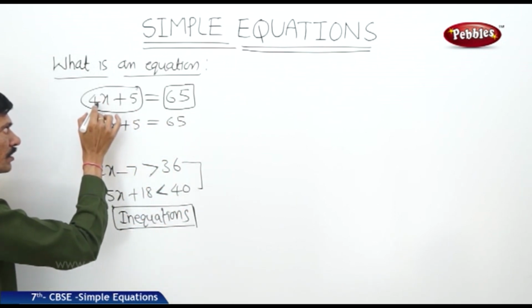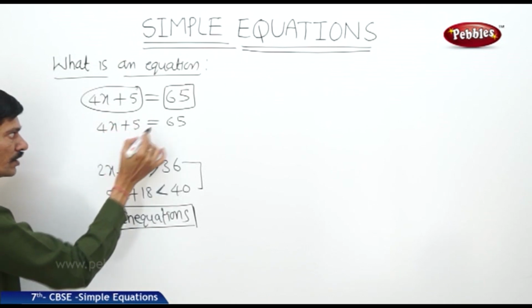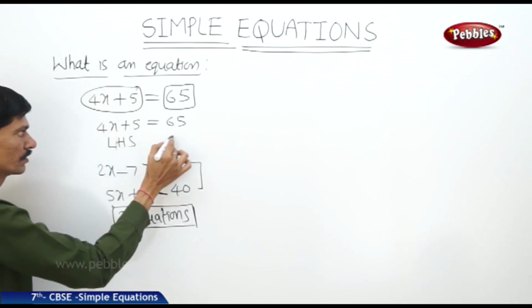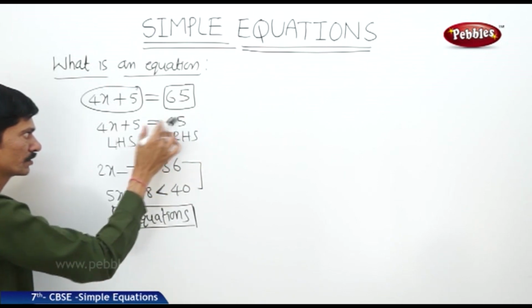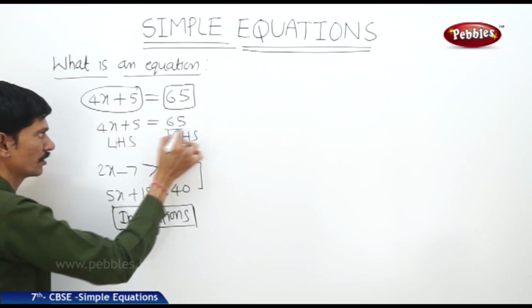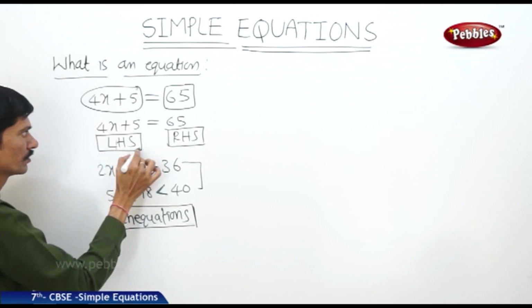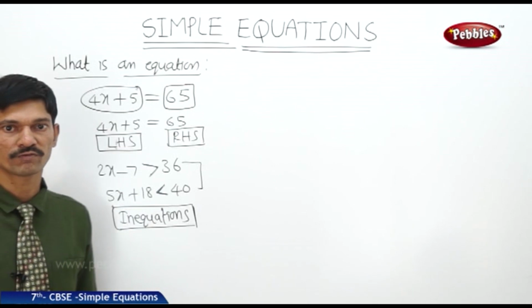Now in this, 4x plus 5 is called LHS because it is left to the equality sign. So this is represented by LHS or left hand side, and 65 is RHS because it is right to the equality sign. Now in any equation, either LHS or RHS should contain at least one variable.